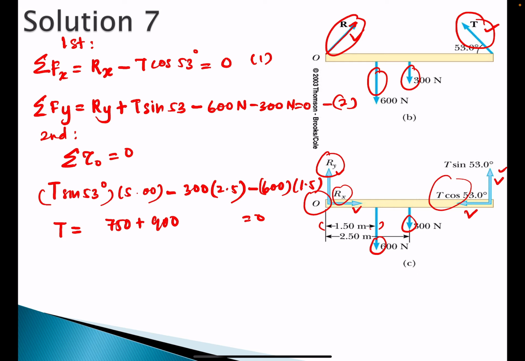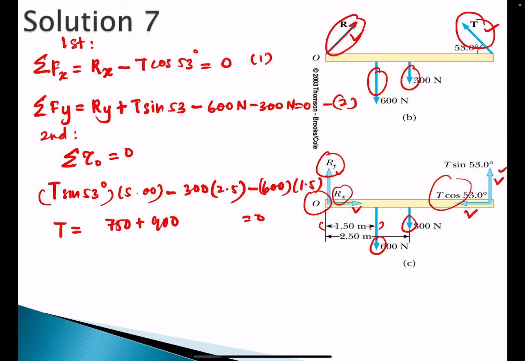Okay, 300 times 2.5 plus 600 times 1.5, that is 1650, divided by 5 times sine 53 degrees.